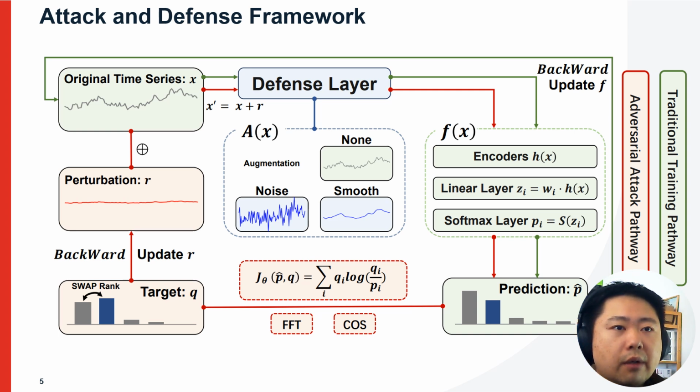During the forward propagation process, the input data is first transferred into a defense layer, which has three options: direct passing without any augmentation, the application of Gaussian filtering for smoothing, or the introduction of white noise before being forwarded to the neural network. For a time series classification task, the neural network typically consists of an encoder, a fully connected layer, and then a softmax layer.